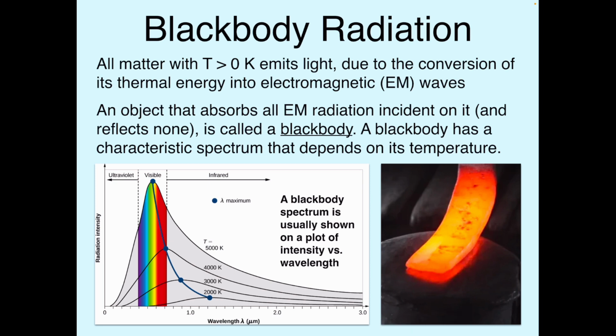But also we notice that at higher temperatures, the wavelength where the peak intensity happens is shorter, okay? So for example, this object at 5,000 Kelvin, the peak of its black body spectrum is in the visible range, right? But if we go down to 2,000 Kelvin, the peak of its spectrum is actually now in the infrared, so it's not even visible, right?